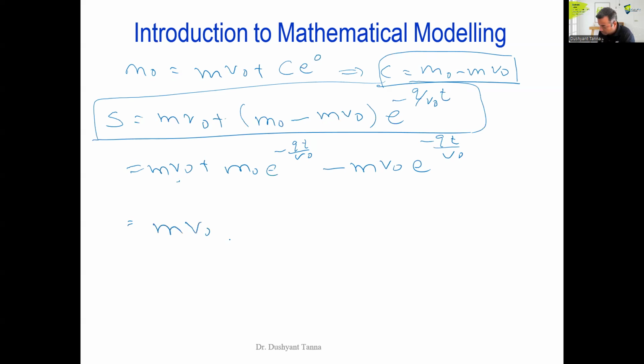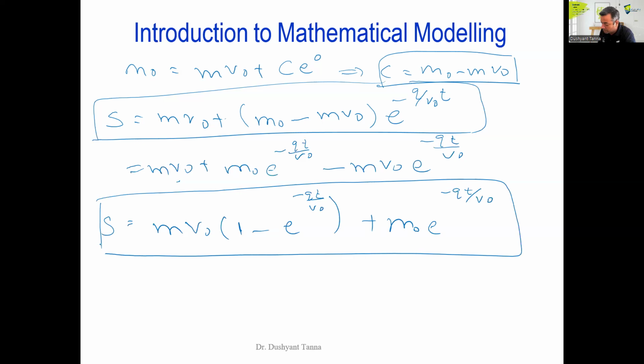So that will be m v0 (1 minus e raised to minus qt over v0) plus m0 e raised to minus qt over v0. Right, so that's your final S. This is your final S.